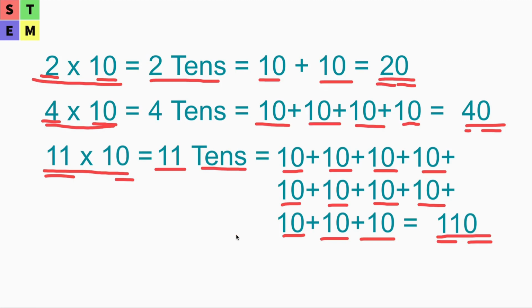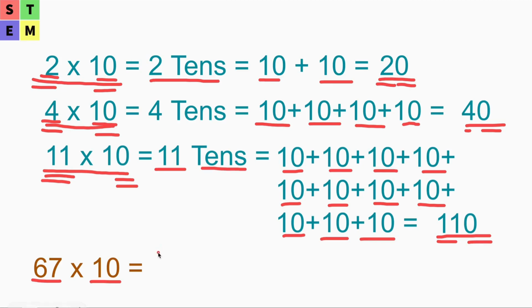So we got here 67 times 10. All right. So we've got 67 tenths, right? So instead of writing 10 plus 10 plus 10 for 67 times, what we can do is use the pattern above.